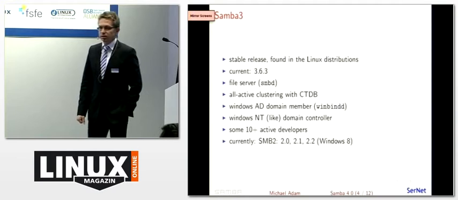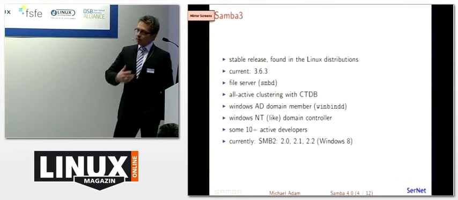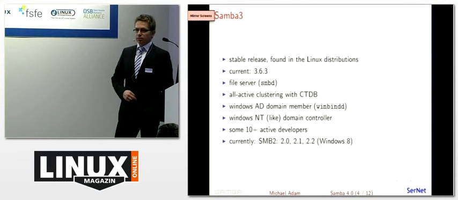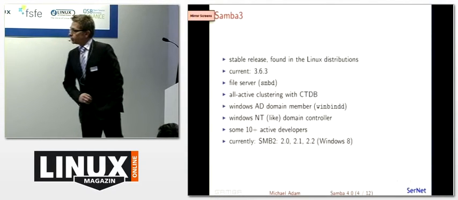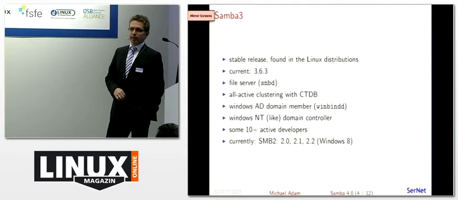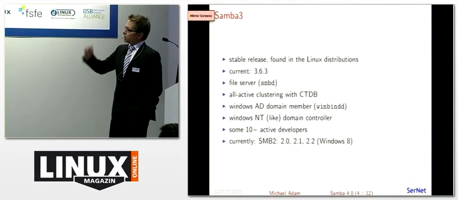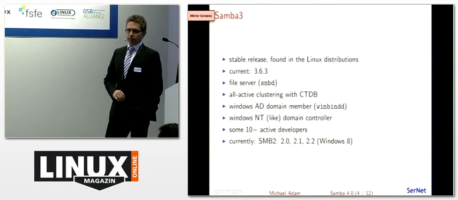That was unique to our file server for a couple of years. Now Microsoft is heading towards scale-out clustering in Windows 8, which is not released yet, but currently this is a point of uniqueness, and this made us especially scalable. On the file server part, we have some 10 developers actively working currently. The numbers always vary a little.